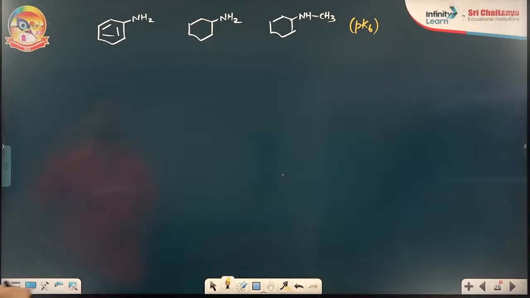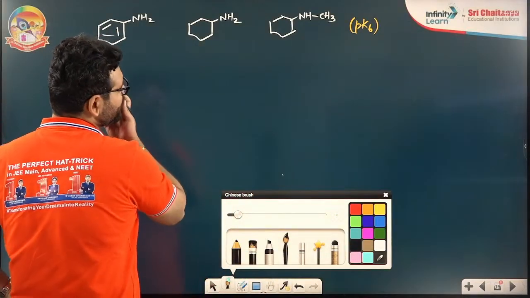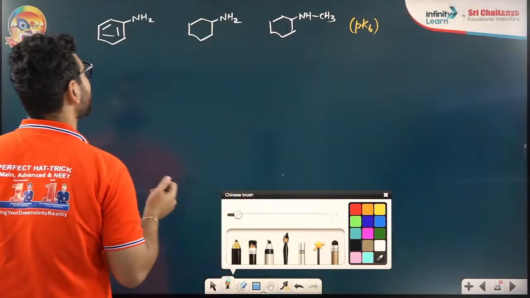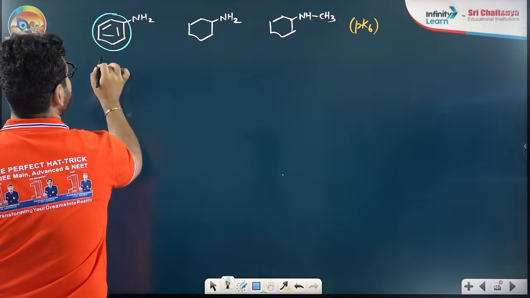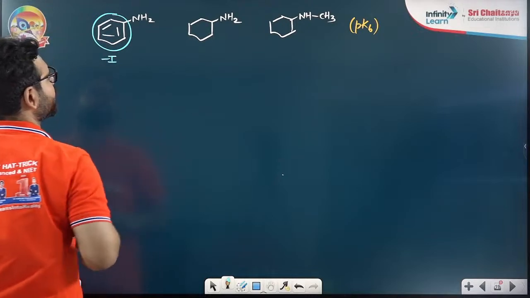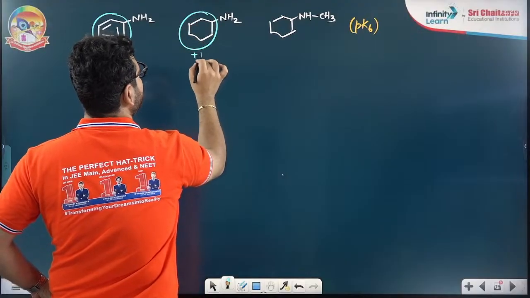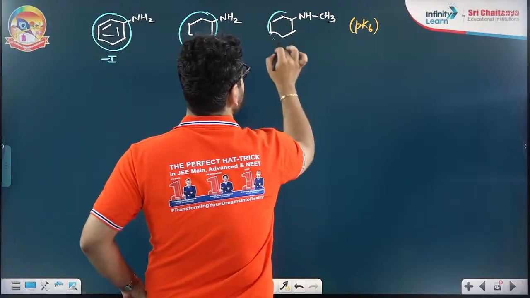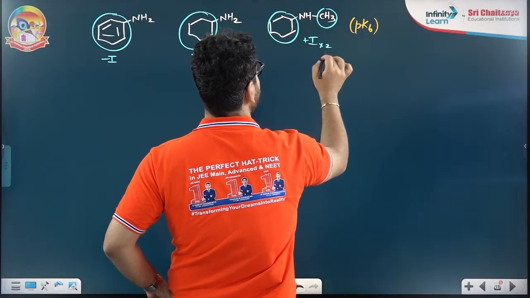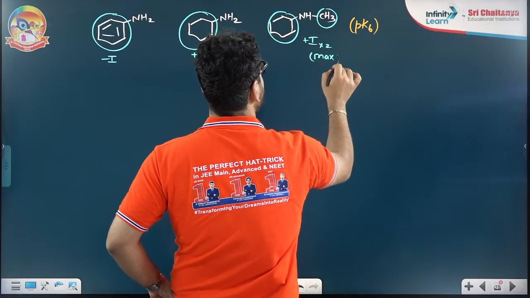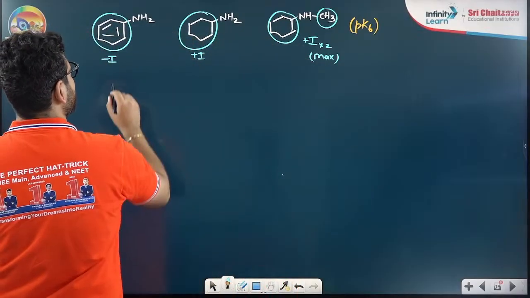So for this one, what I will see is, although it can be solved by the resonance effect also, by the inductive effect also I can solve it. NH2 is attached to a phenyl ring here. Phenyl ring has a minus I effect, we know. Here it is attached to an alkyl. Alkyl is plus I. Here it is attached to two alkyls, so 2 times plus I. So this will have maximum plus I, making it a very good base.